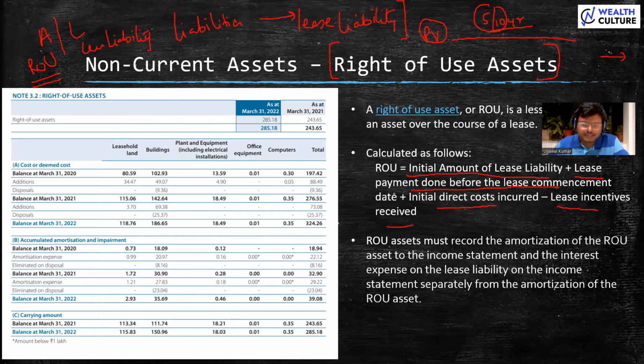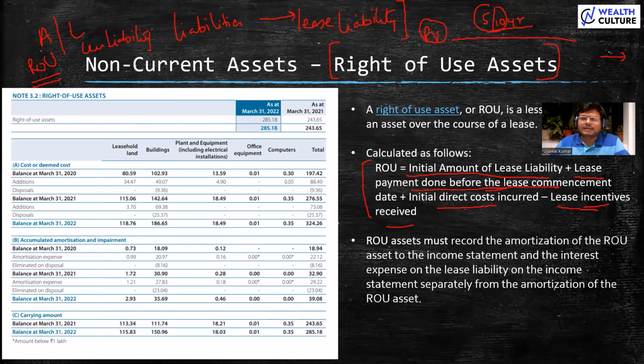Now, it might sound slightly heavy, but very simply, it means whatever is your initial lease liability on the first day when you get into the lease, the present value of all the lease payments, plus the lease payment made, minus the incentives.